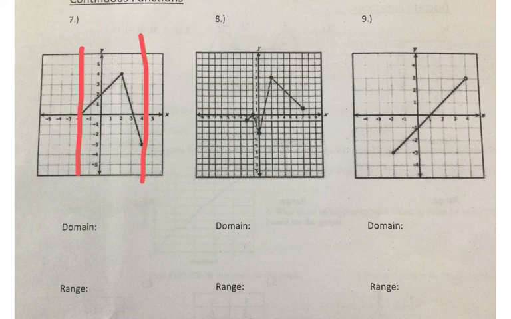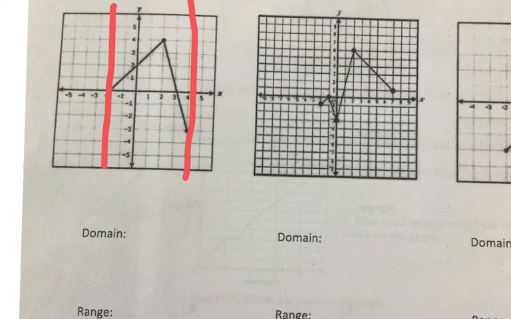So here's how we say that. The domain. All right, and this is kind of the formal way to write it. It's a little fancy. The domain is all x's, then you put a line. That line means such that.